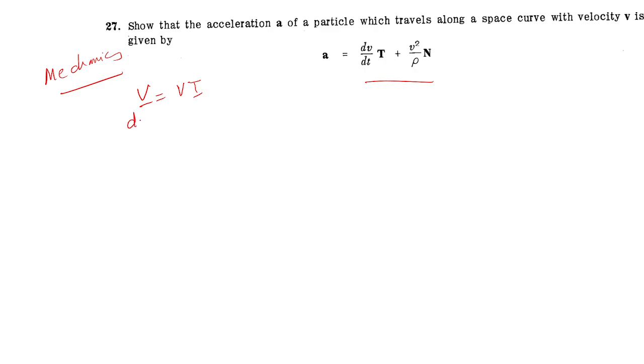When you differentiate it, d by dt, we have the product rule: dv/dt times the tangent plus v times dT/dt. So we have this equation.